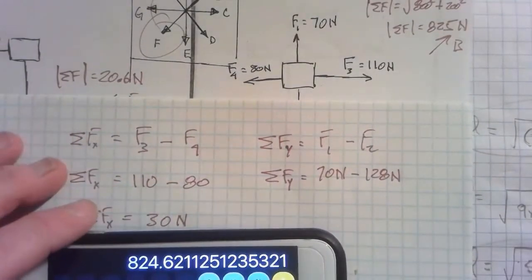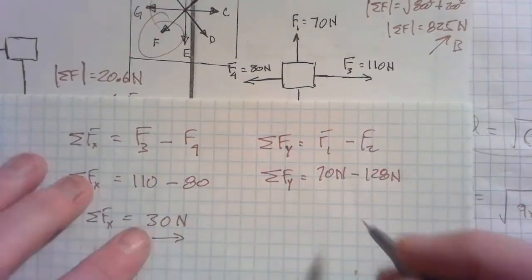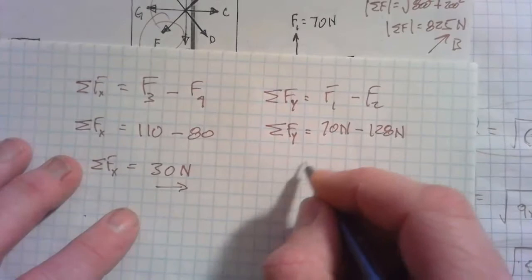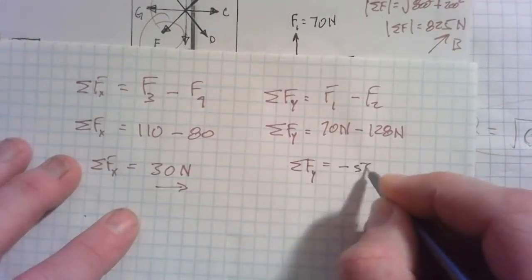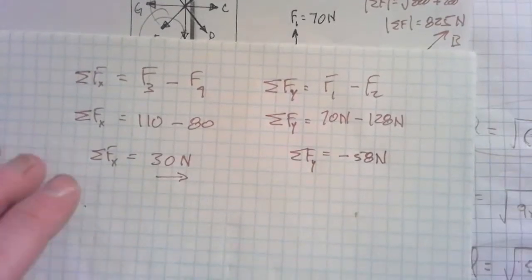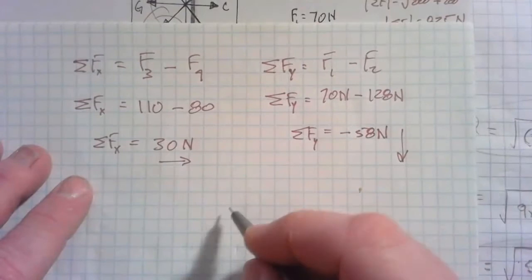I don't trust myself this late at night, so 70 minus 128, see, 128, it's negative 58. So in the y, I have a net force of negative 58 newtons. I think at this time is a good time to redraw a free body diagram.